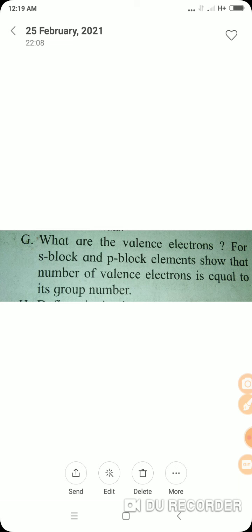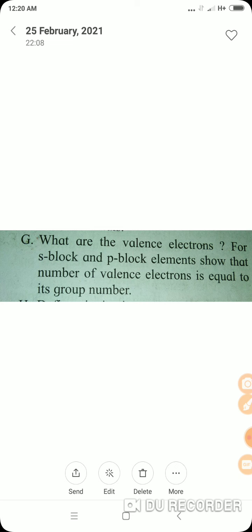Also, consider the electronic configuration of sodium, atomic number 11, which is 1s2 2s2 2p6 3s1. The valence shell electronic configuration is 3s1. As the 3s1 valence shell contains one electron, it is placed in group number 1, and the first group is included in the s block.